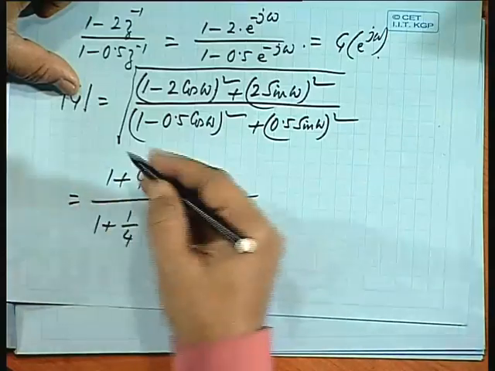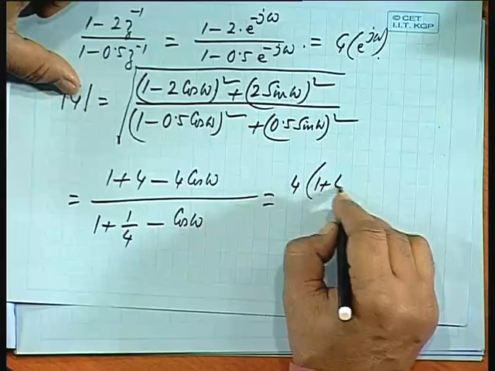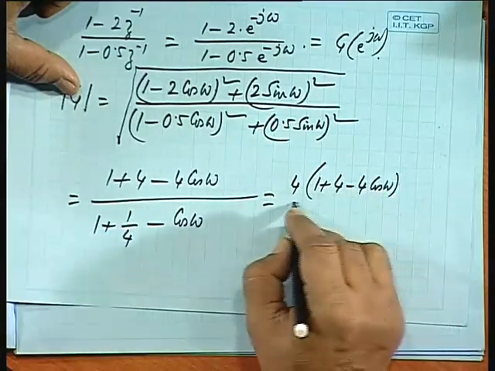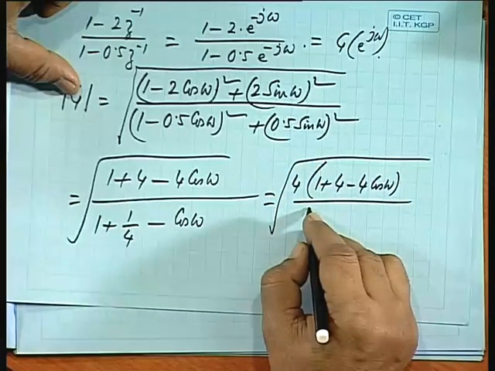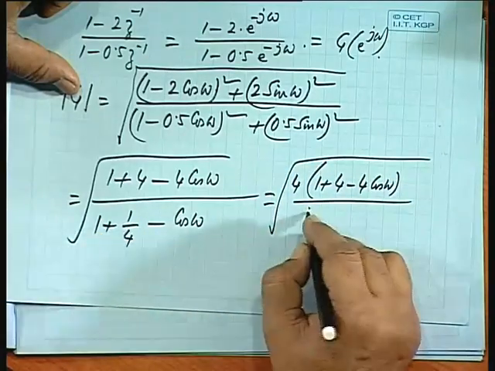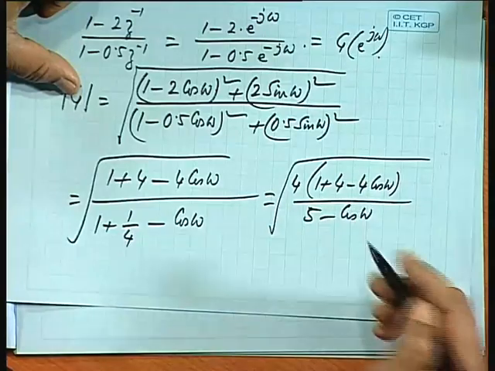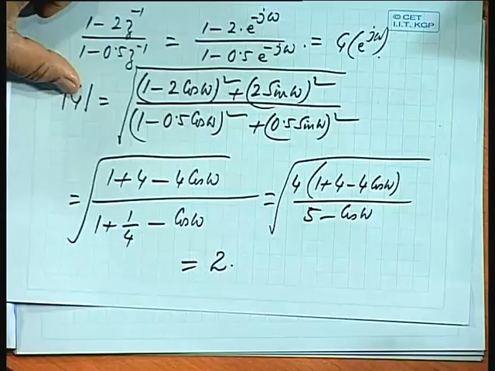Multiply the denominator by 4 and numerator by 4. So, that gives me 1 plus 4 minus 4 cosine omega, this whole thing square rooted, divided by 4 plus 1 again, 5 minus cosine omega. So, they will get cancelled. So, this is only 2, it is a constant, all right.